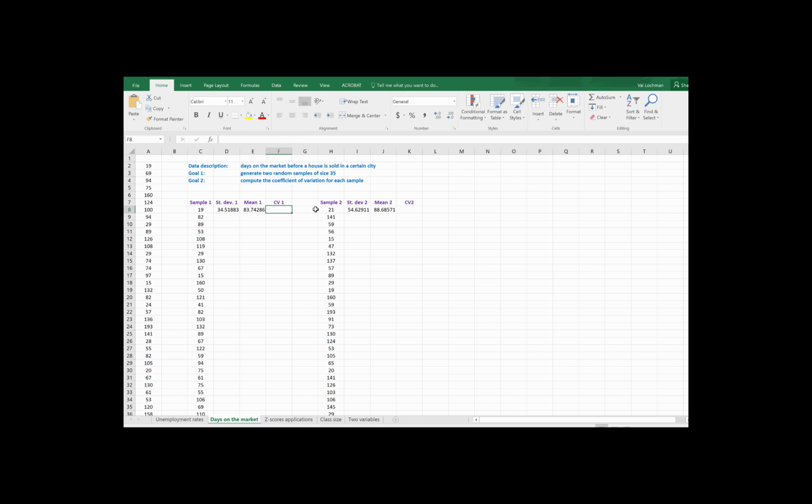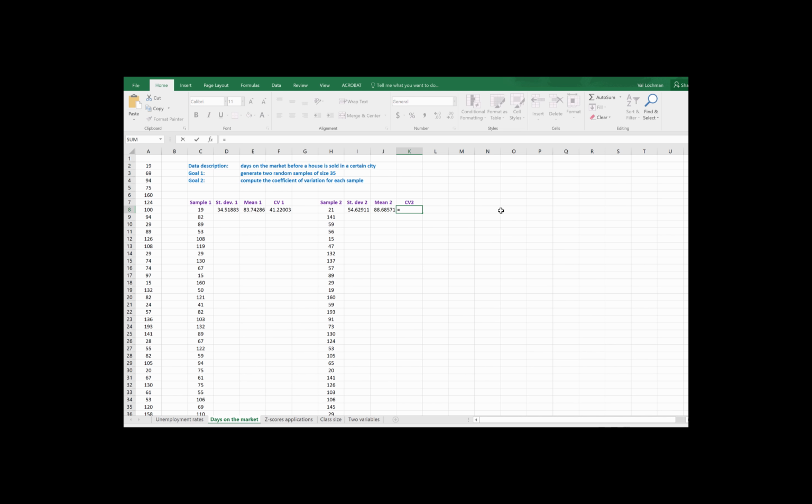Okay, so how do we compute it? Coefficient of variation is standard deviation divided by the mean times 100, right? So times 100. Okay, so this is 41%. And what about the second one?